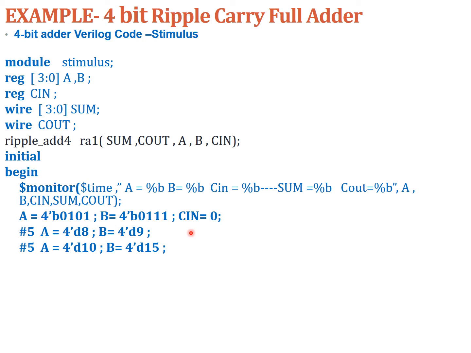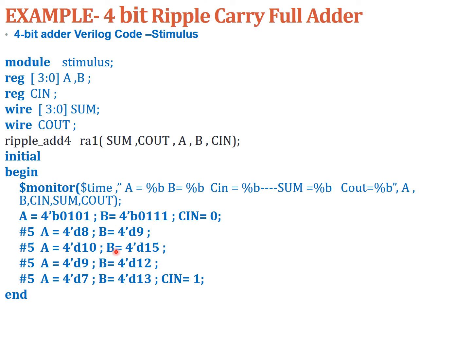If we have not given a C in input, it retains the previous input 0 as it is. Then after 5 time units we have given 9 and 12. After 5 time units again we have given 7 and 13 to A and B, and we are giving C in again as 1. These values are randomly given to check the output values for the given adder. Every begin will have a corresponding end, and the module will be concluded using the end module statement.